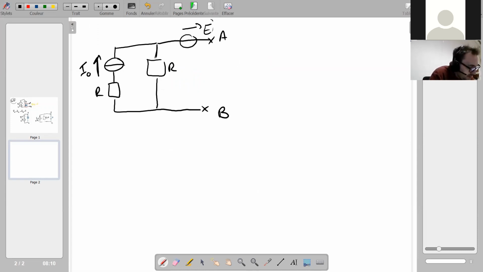So you will, in fact, try to get the equivalent Thevenin or Norton model. Again, I'm just going to write the final result. If you do have questions, go ahead.